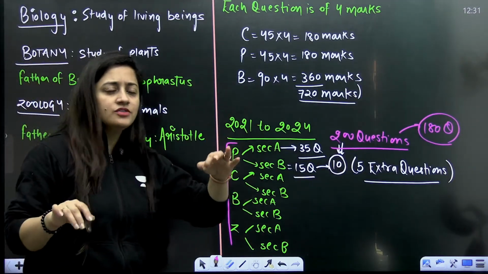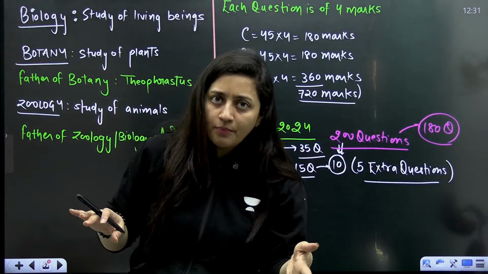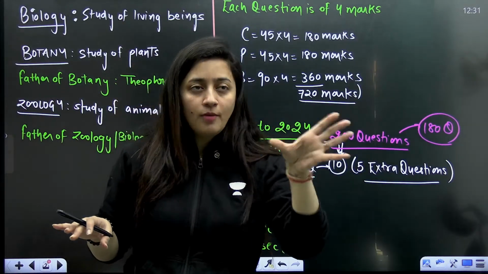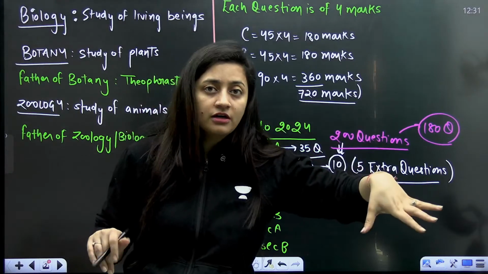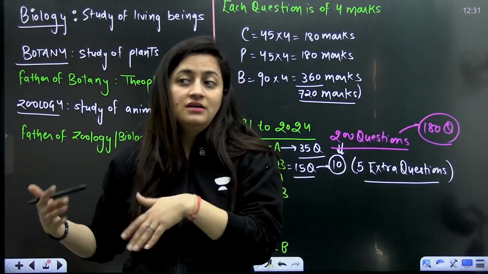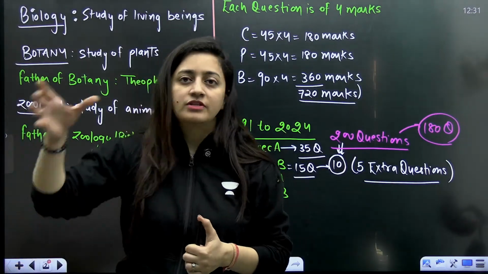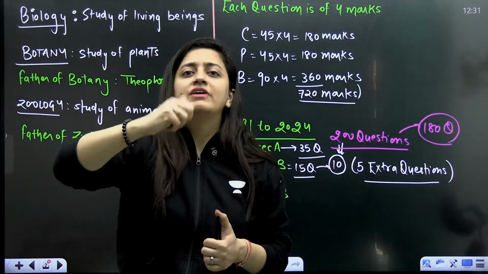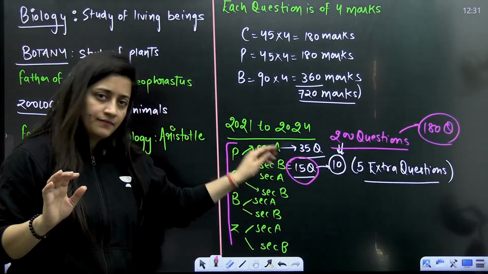Because during COVID, some boards deleted some topics, and students didn't study those topics in their board syllabus. So NTA said we cannot expect them to answer those topics in the final NEET examination, and they gave the choice.